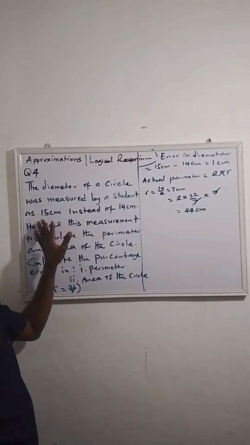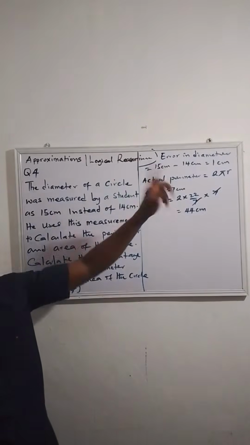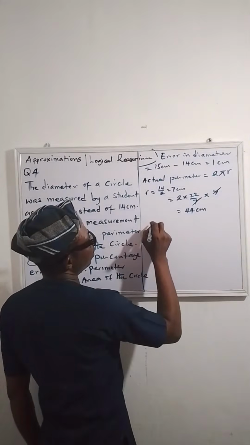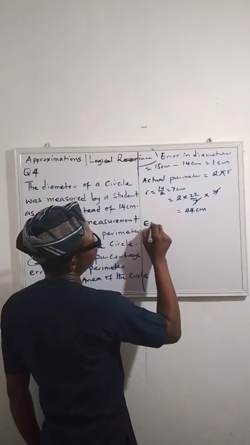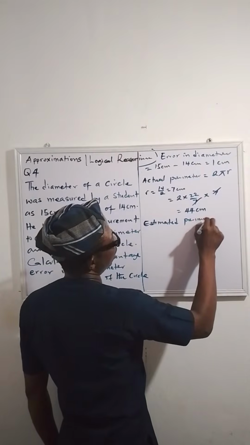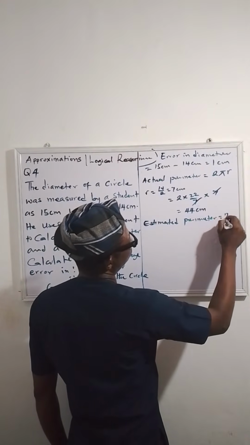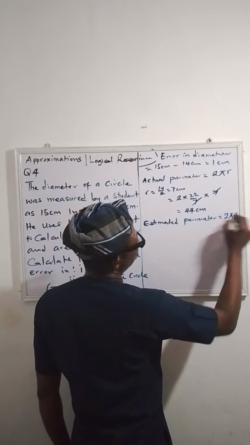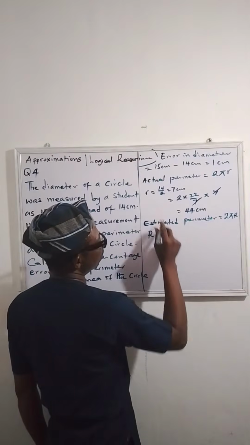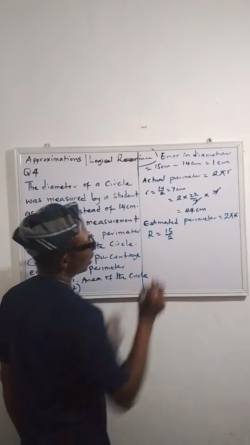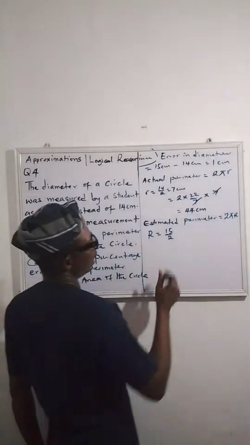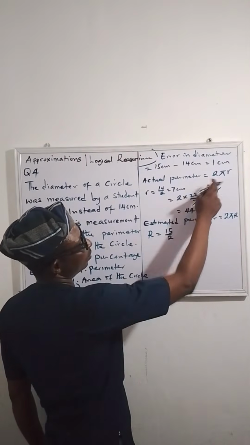Now look at the student, who has gone ahead by 1 in diameter. So that means the second radius, let's see, the estimated perimeter, which is also 2 pi r. Let's represent that with capital letter R. So R will be 15/2. Can you see that now? Okay, so now let us plug that into the formula.